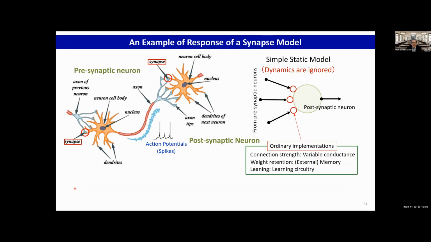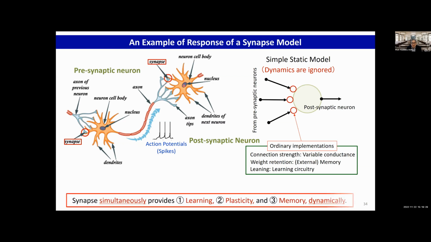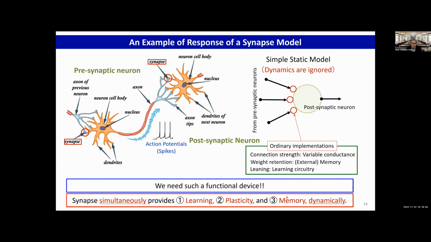How about the synapse? The synapse is the part which connects neuron to neuron, and this synapse has 3 features, properties simultaneously. First one is learning. Second is plasticity, and third is memory. And in addition to the functionality, this includes the dynamics of 3. Okay, so we need such a functional device.